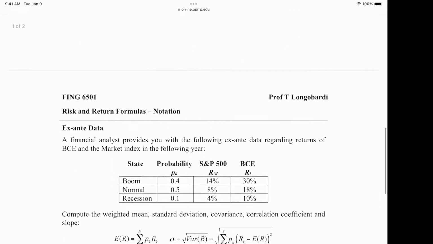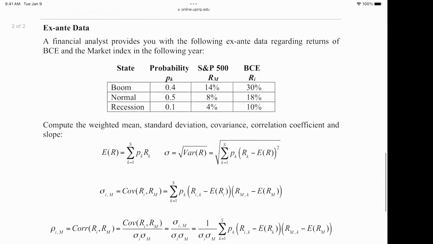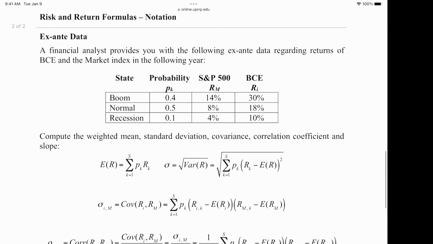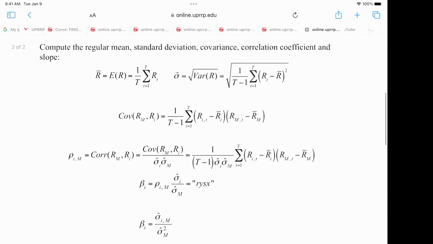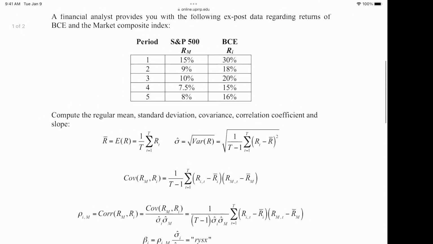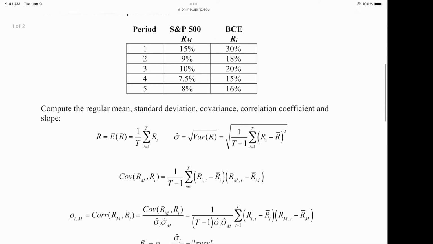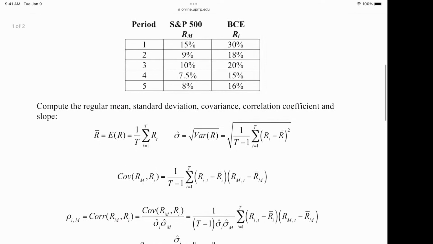So here is the ex-ante data. Let me scroll here. Looking at the historic or ex post returns, where every data point is equally significant, I can calculate the average return and the standard deviation of returns, and I use R for the variable.